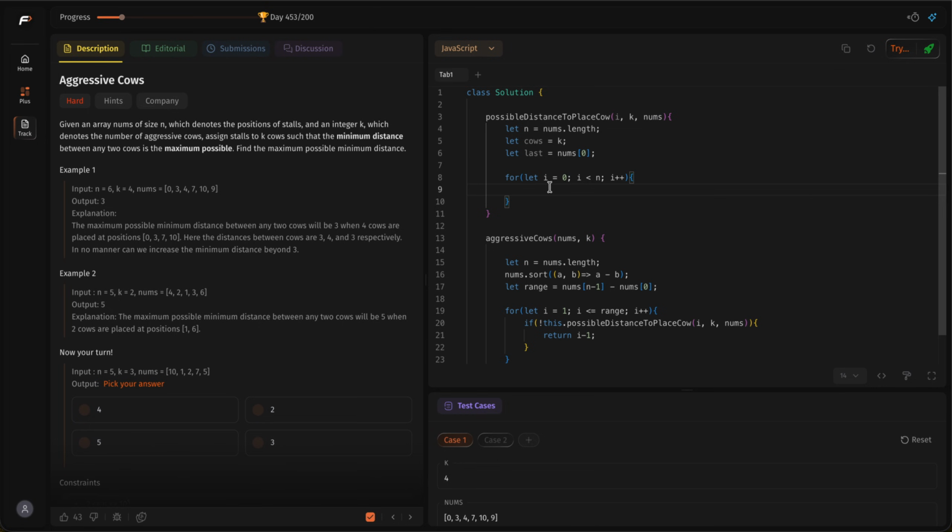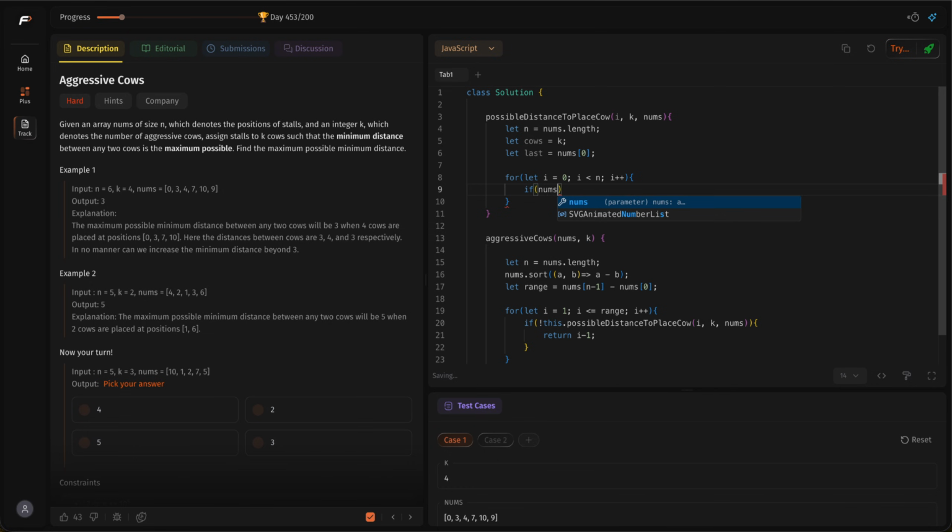If it's possible, then return the maximum minimum distance. If it is not, then return false. So basically what I'm doing over here, I'm checking on the array, and here I took a first cow which I placed on the 0th value. So I will check by placing the next cow, meaning the second cow.